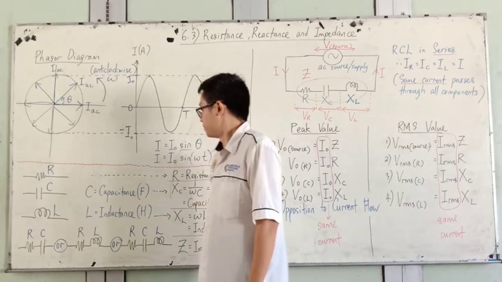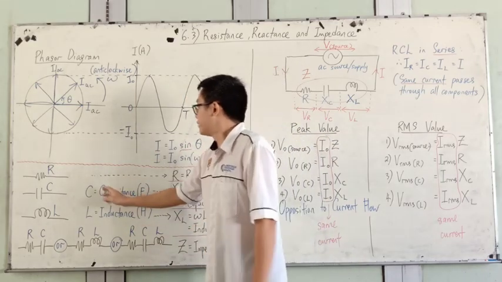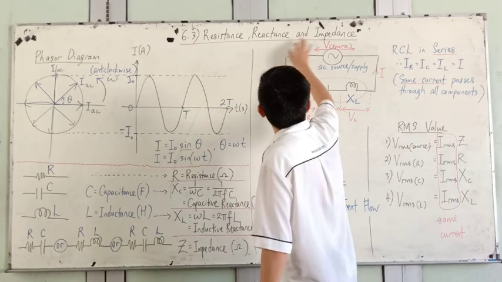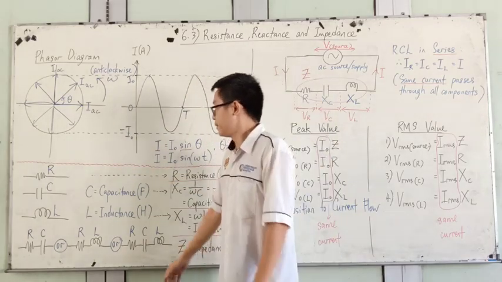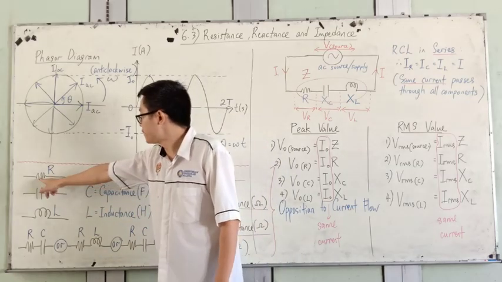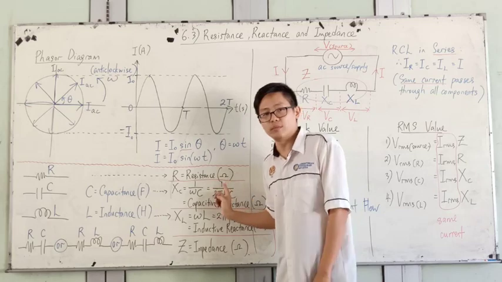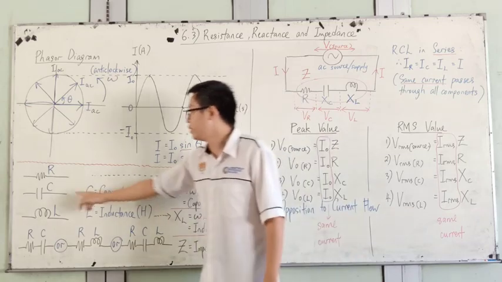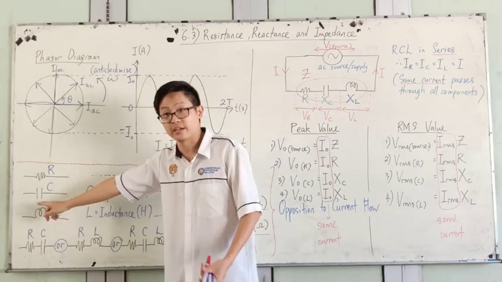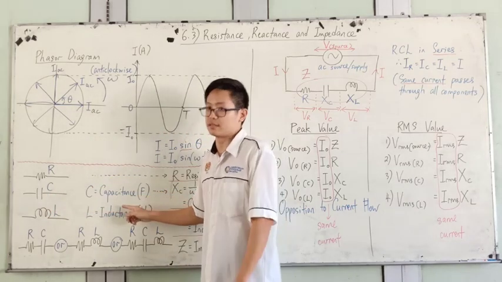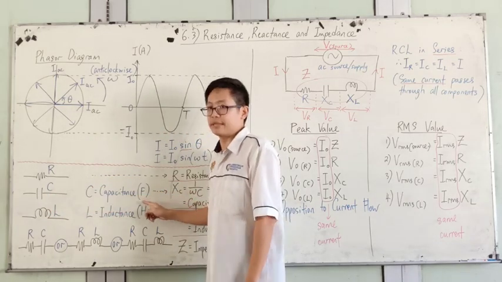This is important. Now reactance, resistance, impedance. What are they? First of all, we have the resistance, R, and its unit is ohm. We also have the capacitor, C, the capacitance, unit farad.